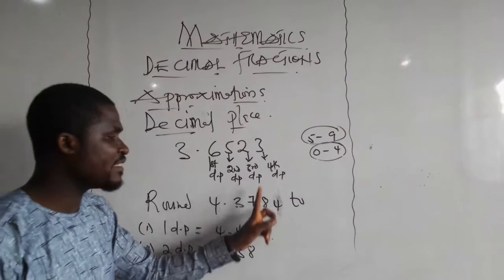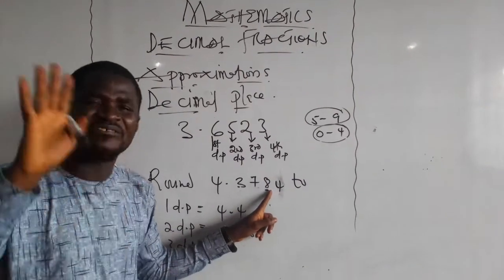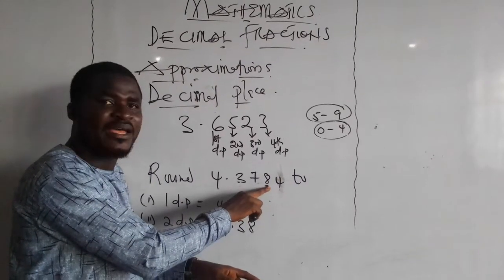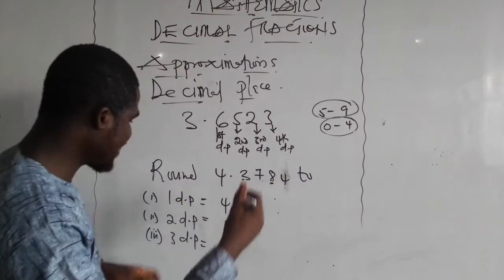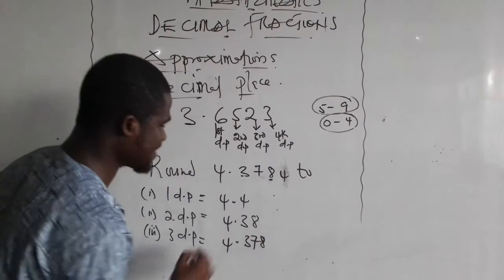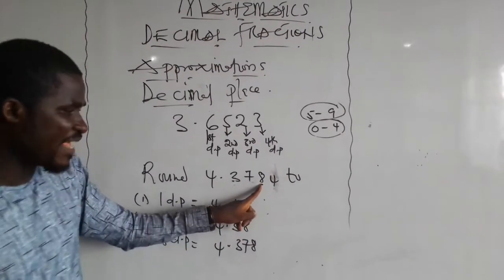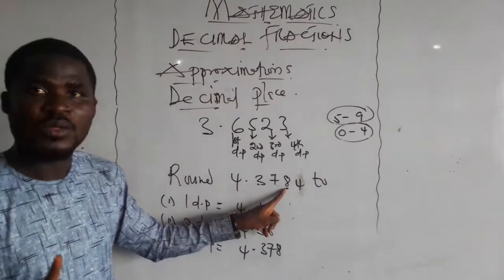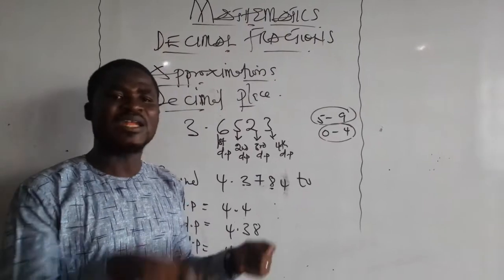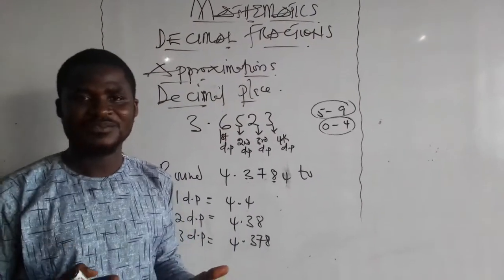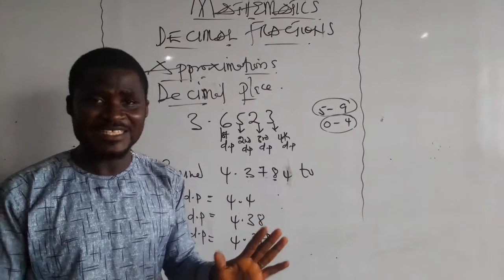Because the number after the 8 is less than 5, I will not add 1 to the 8. So my third decimal place will be 4.378. You see, I wrote the 8. I didn't add 1 to the 8 to become 9. No. You will only add 1 to the number if it is from 5 to 9. So take note. Are you getting it?